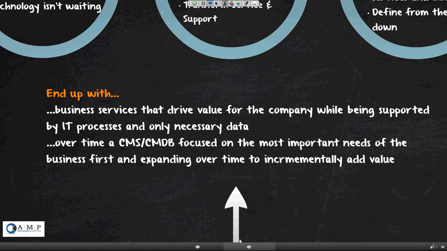The business is not going to get the value to be able to go through the full CMDB process for those pieces. So again, it's really a value-driven type of case here.